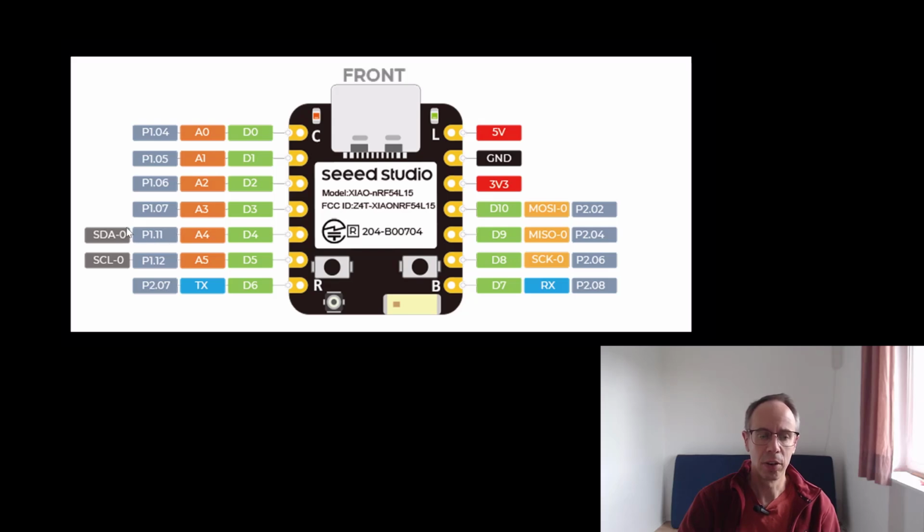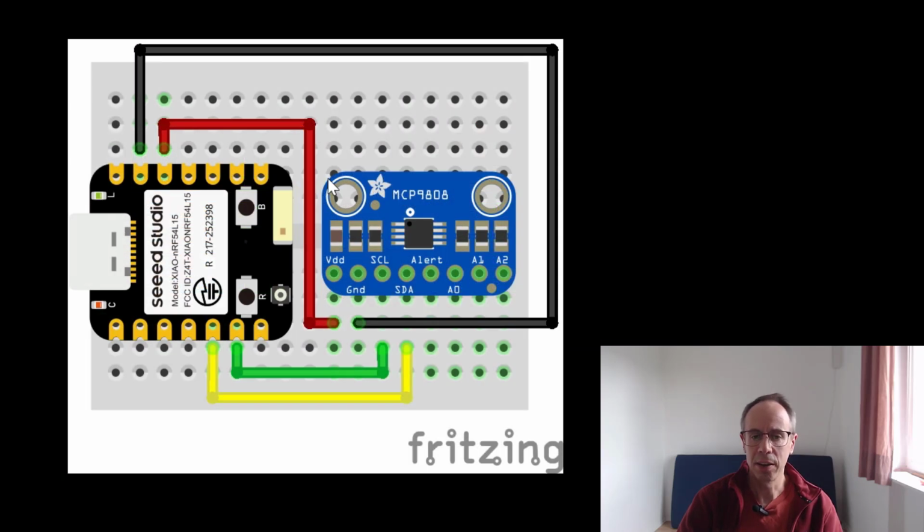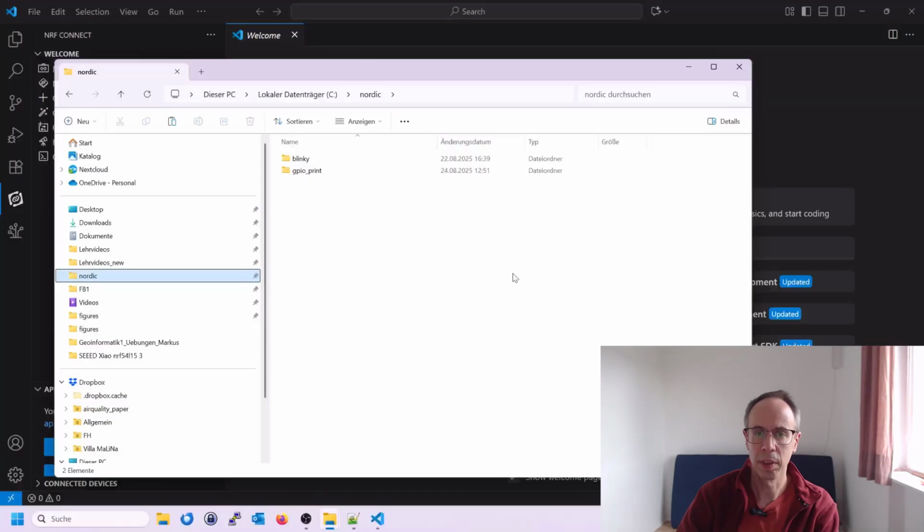This is the default in the Devicetree, and P1.12 is the clock of the I2C. We connect it like this on the breadboard. You're seeing here the ground line, and here the power line. And there we see the clock line connected to the breadboard, and also the data line here.